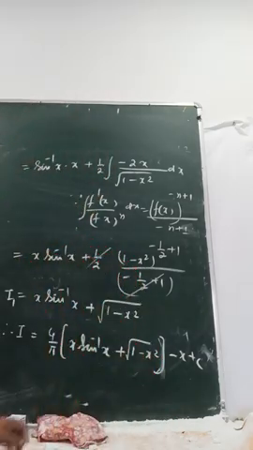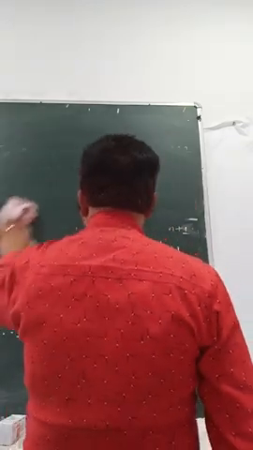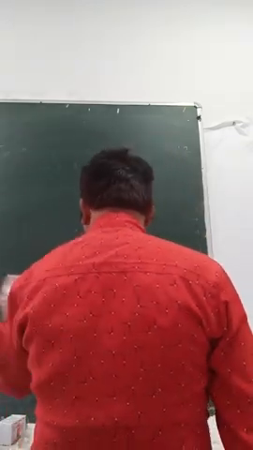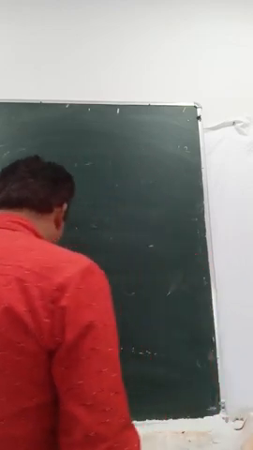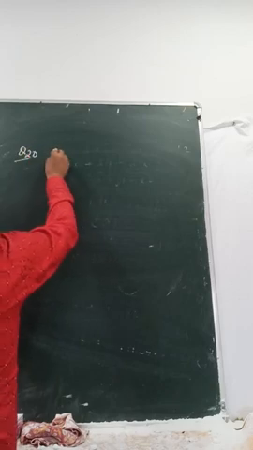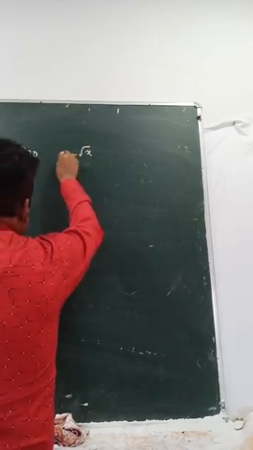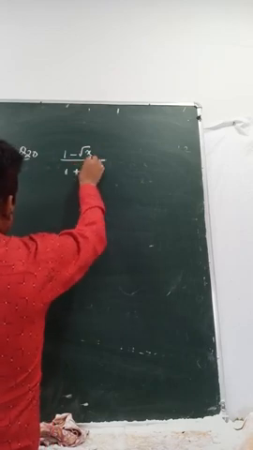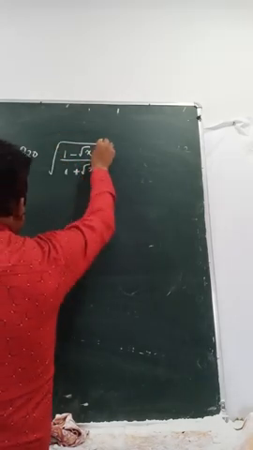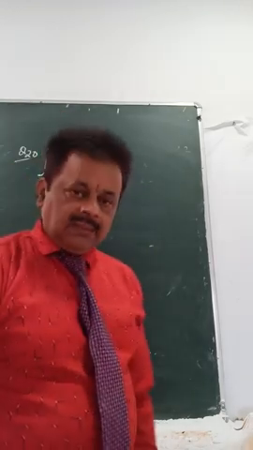It's a very important question. Question number 20. It is root of 1 minus root x by 1 plus root x. This is our question. So what to do?